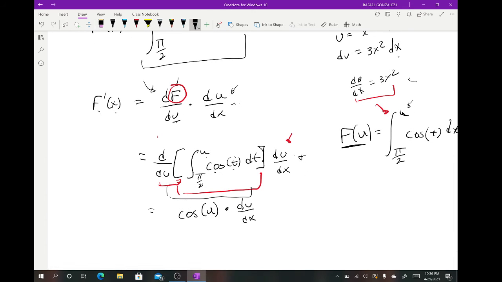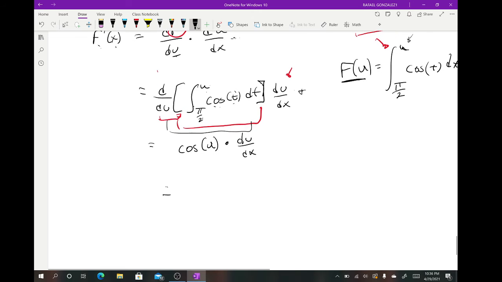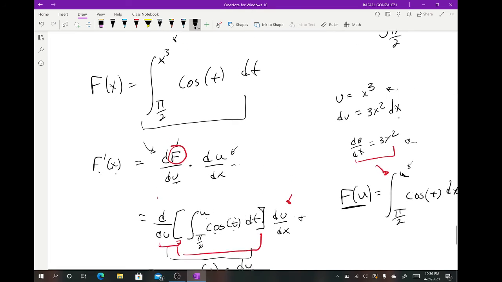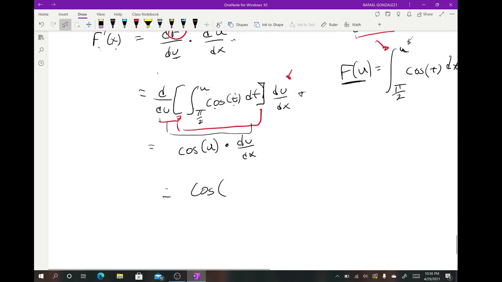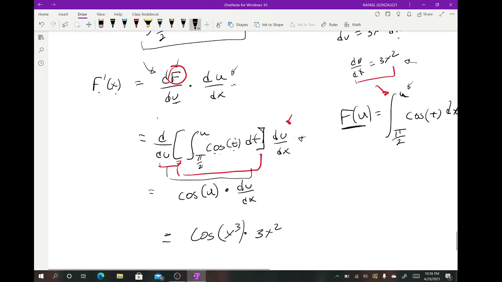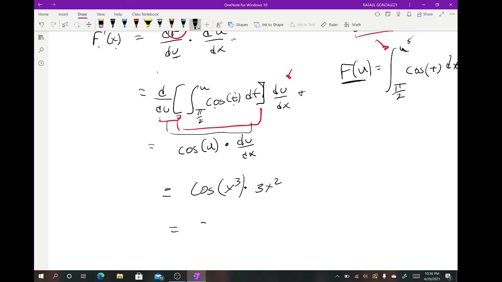But I know what du dx is. It's 3x squared. And what was u? u was x cubed, so we put that in there. So we have cosine of x cubed times 3x squared, which is what du dx was. Our solution is 3x squared cosine of x cubed.